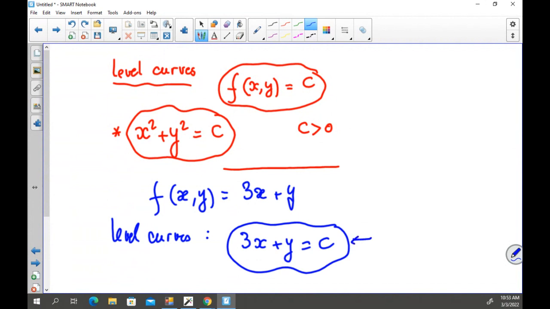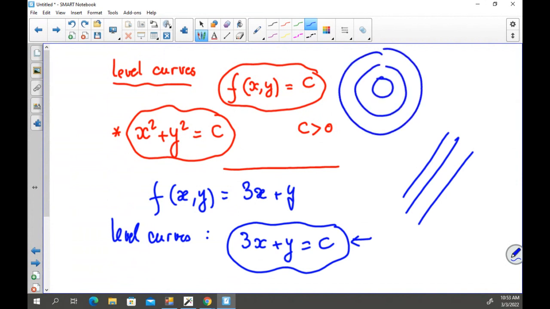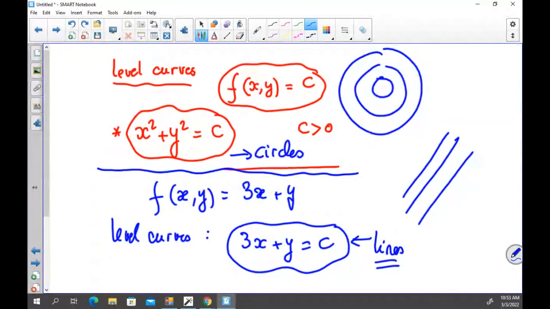These are straight lines. So you will have many straight lines. Whereas here, circles of radius depending on c. If c is 4, for example, the radius will be 2. If c is 9, the radius is 3, etc. So here, circles. Here, straight lines.